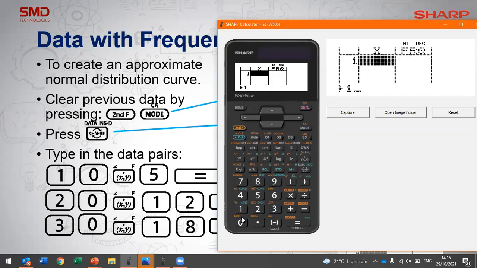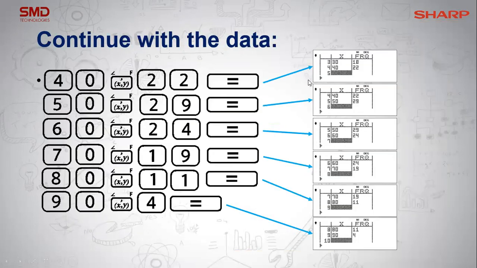So we're going to have 10, and then you're going to have a frequency because you're creating a normal distribution, right? So 10 and 5 equals, and then 20 and 12 equals, and then 30 and 18 equals, and then let's just go to the next one.